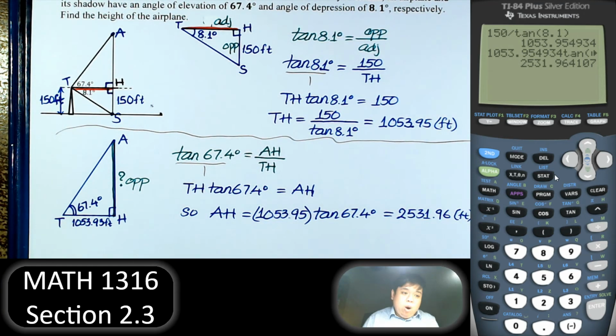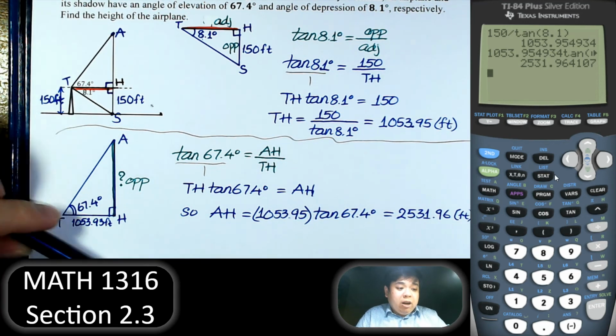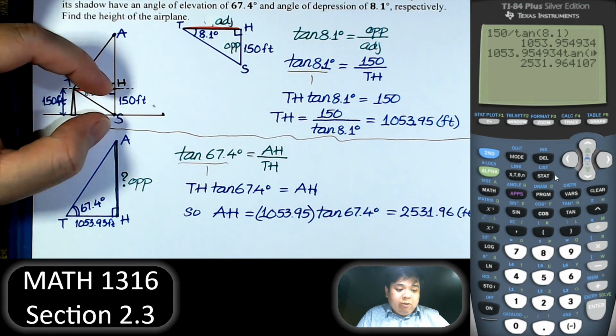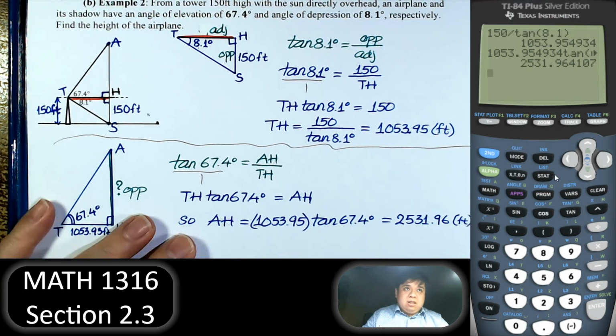And finally, the question is to find the height of the airplane. Note that the height of the airplane is AH plus HS.